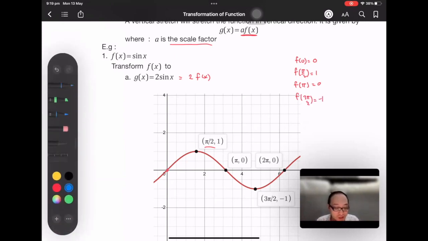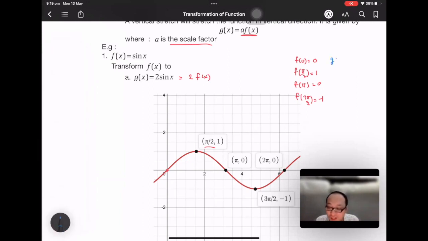So now, what is g(0)? g(0) is 2 of f(0), which is 2 times 0 is 0. g(pi over 2), so the same x value, is 2 times f(pi over 2) equals to 2. So if you see the process, on the same x value, the y coordinates are multiplied by 2. g(pi) equals to 0.